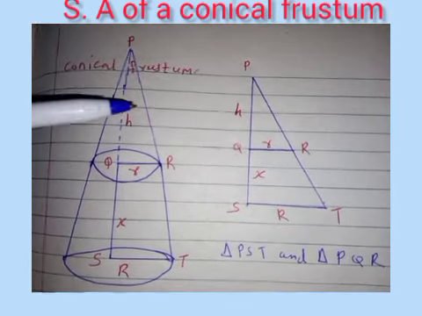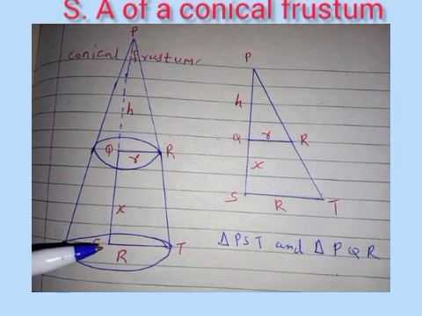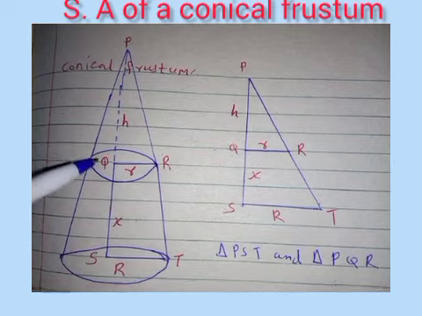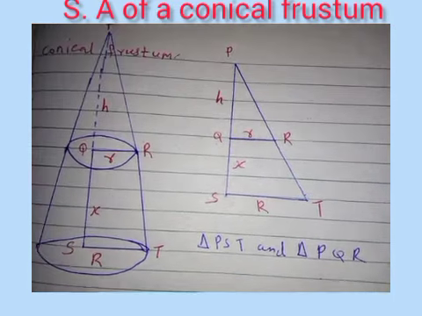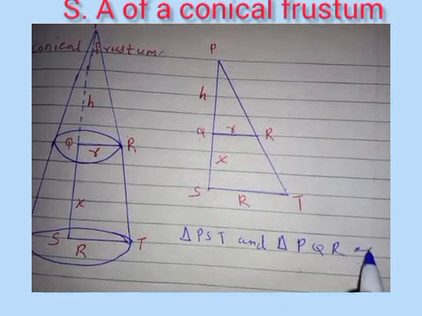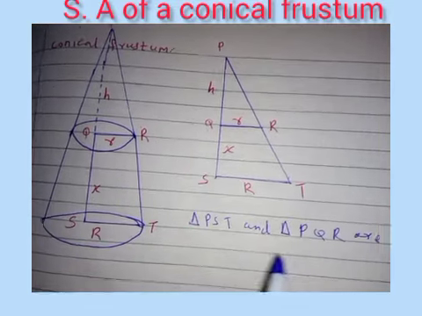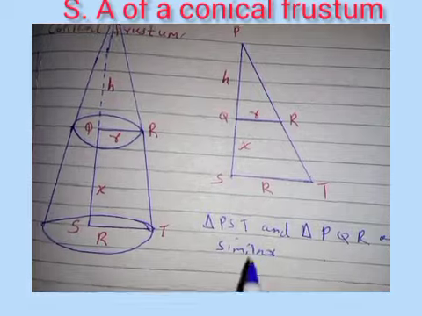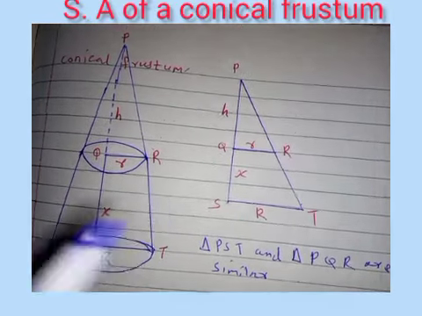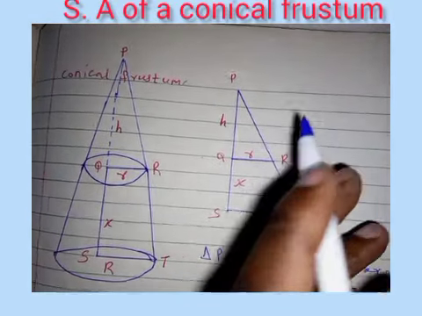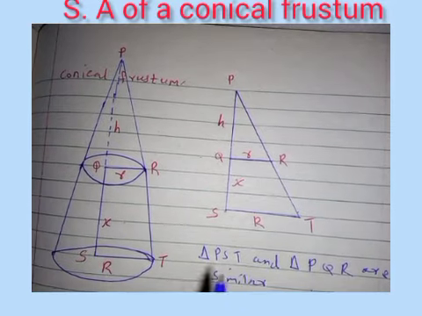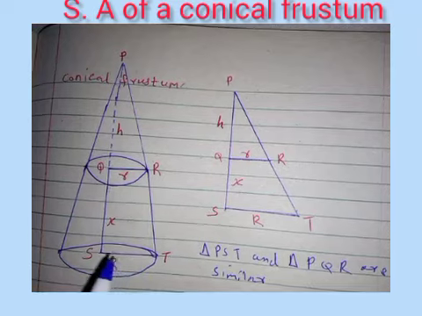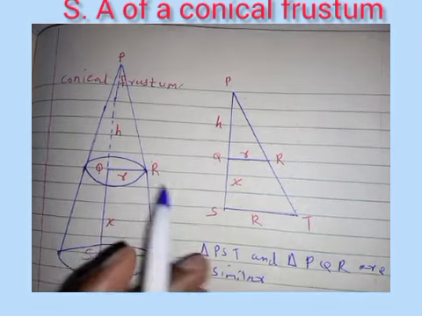So this is the triangle we are considering, PST, and the triangle PQR are similar. They are similar. So from similarity, it means that we can compare the radius of this triangle with the radius of the other one.